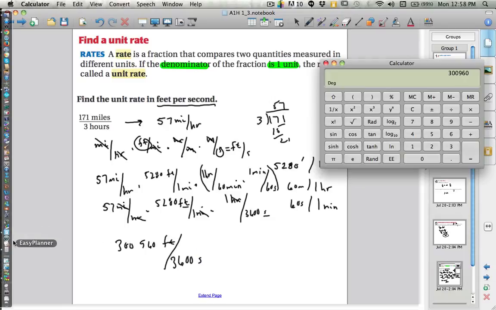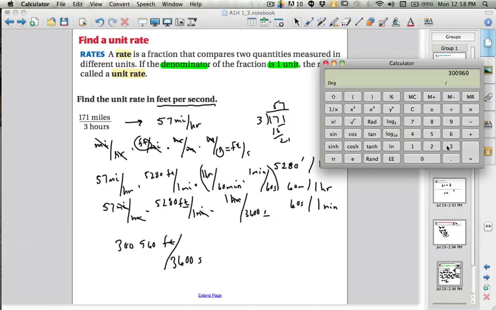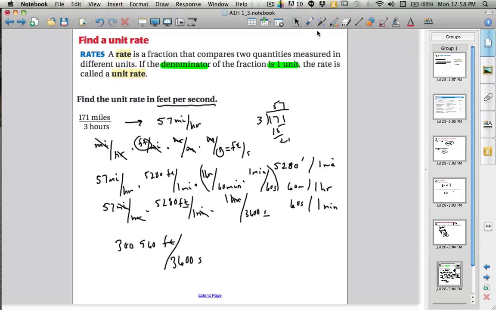Now we want to get to a unit rate, so I have to divide by 3,600, and I get 83.6. So it becomes 83.6 feet per second, and that is our unit rate.